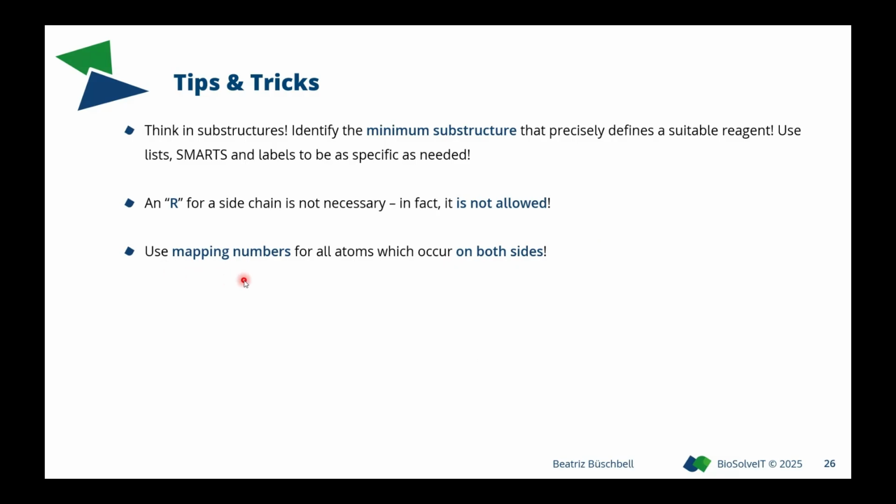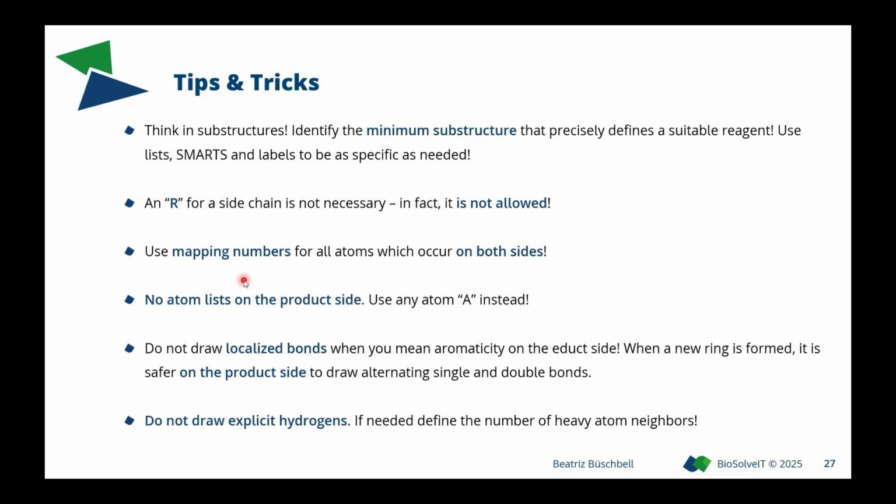So they have to match on both sides, on the educt side and on the product side. So no atom lists are allowed on the product side. You should use any atom, so an A instead, if you want to have some kind of atom on the product side.